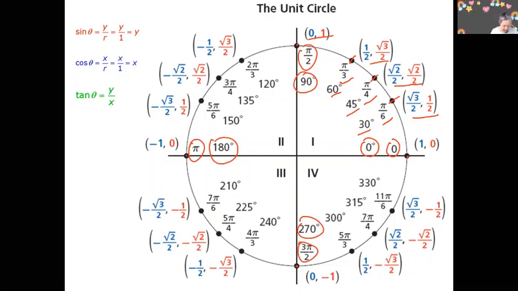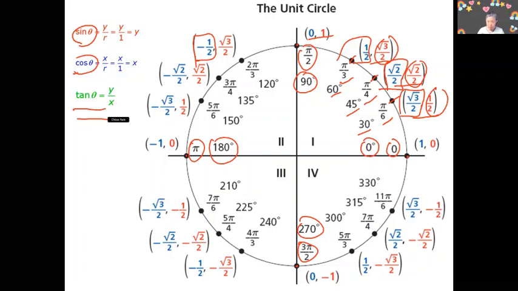Remember how you can find them: sine is always the vertical coordinate, and cosine is always the horizontal coordinate. Tangent is nothing but the sine value on top and the cosine value on the bottom, right? So that's all. This is everything that we need for 8.3.